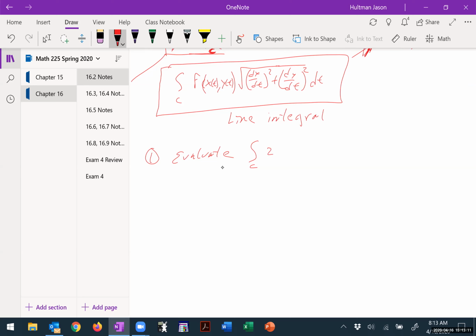That domain is going to be defined by the function, the integral over C of 2 plus x squared y, ds. ds is the curve, where C is the upper half of the unit circle.